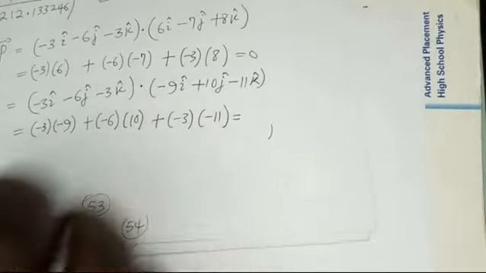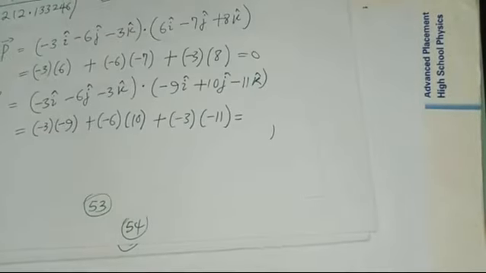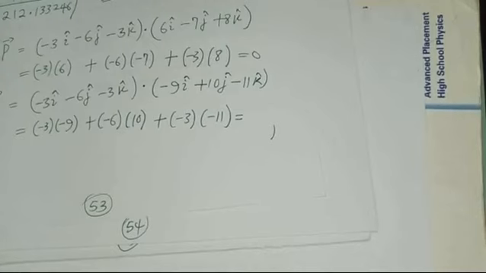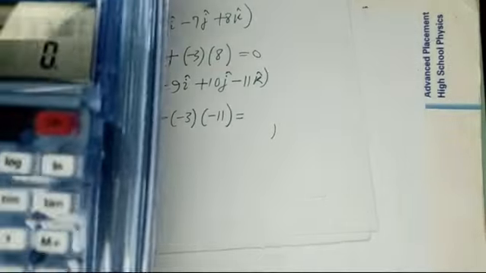Open bracket negative 3 close bracket, open bracket negative 9 close bracket, plus open bracket negative 6 close bracket, open bracket 10 close bracket, plus again open bracket negative 3 close bracket, open bracket negative 11 close bracket.